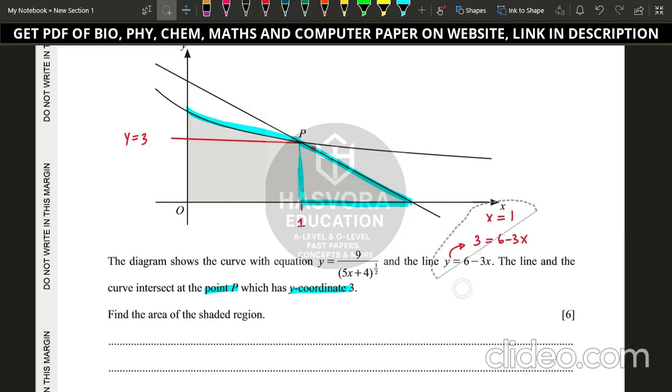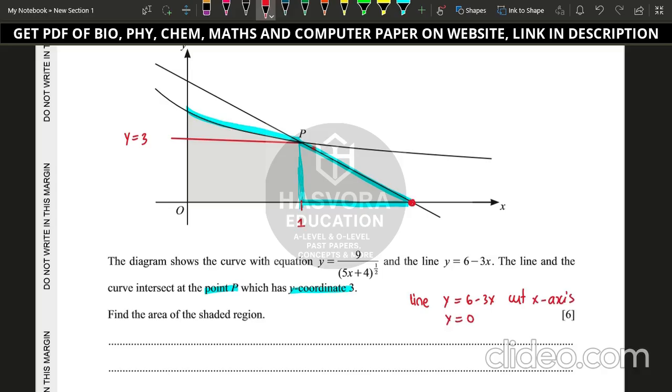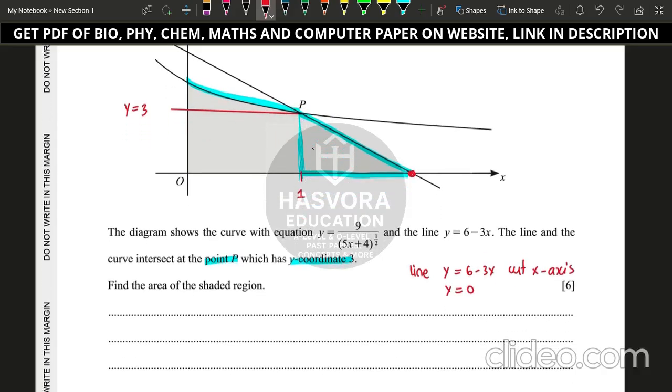Now we will also be needing the point where the line is cutting the x-axis. The line y equals 6 minus 3x cuts the x-axis where y is equal to 0, because we only have the x coordinates here.